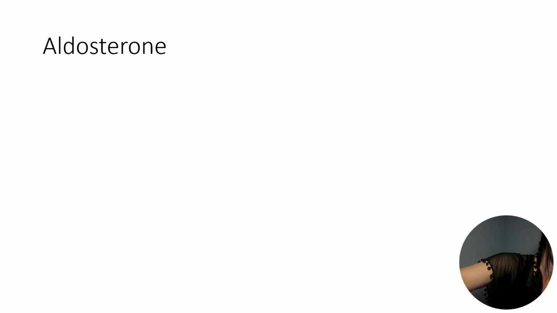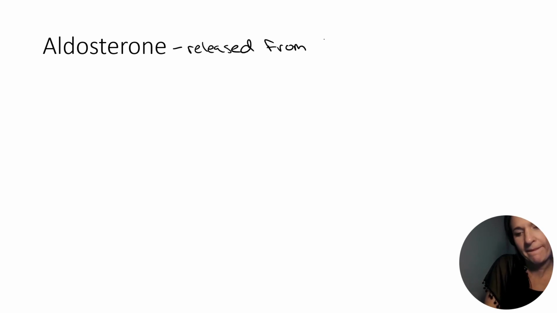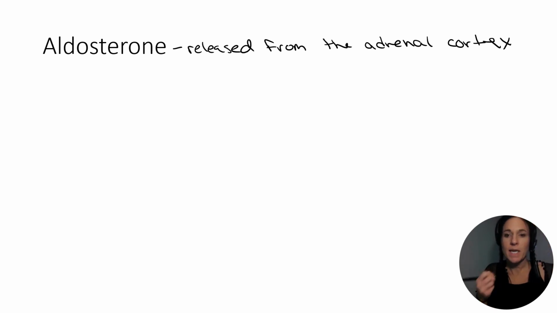Back in the beginning of Unit 3, we said aldosterone is released from the adrenal cortex, and that aldosterone promotes sodium retention and potassium secretion. This is true, and we will go into those details in Unit 5.